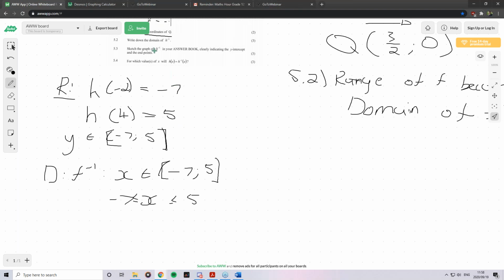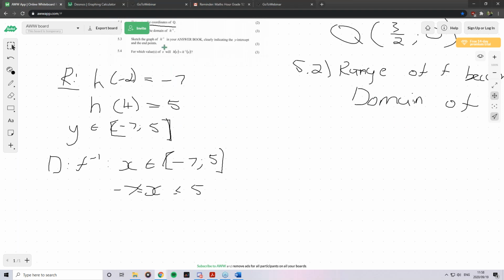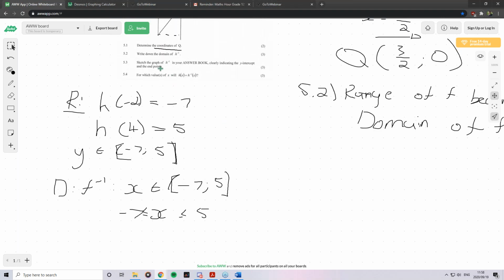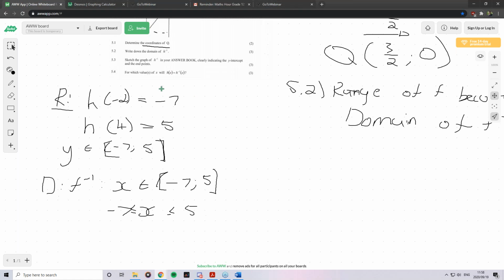Now, 5.3. They say sketch the graph of h to the minus 1 in your answer book.